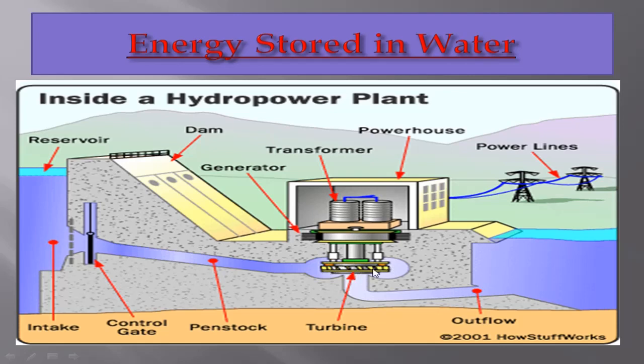We know that when the turbine is rotated, the dynamo is also rotated, and electricity is produced. Here, electricity is produced by the energy stored in the water. This water also contains solar energy.